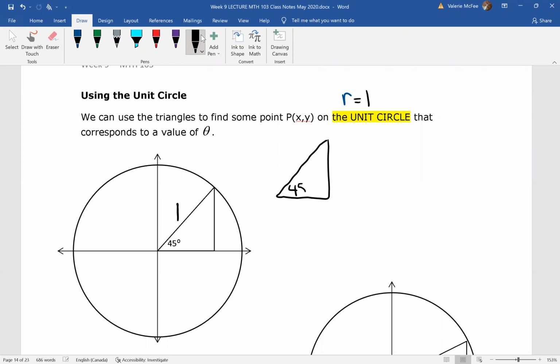We said that the sides that are the same, we would let equal 1, and the hypotenuse would be √2. But now we have a hypotenuse of 1. That means we divided every side by √2 to find a similar triangle. So we have x 1 over √2 and y 1 over √2.